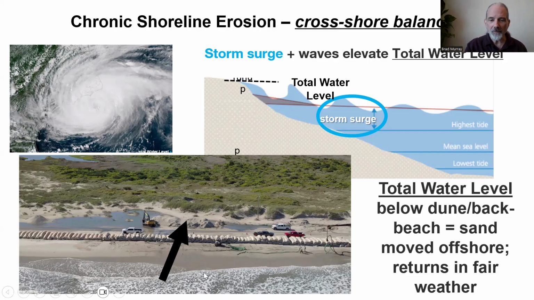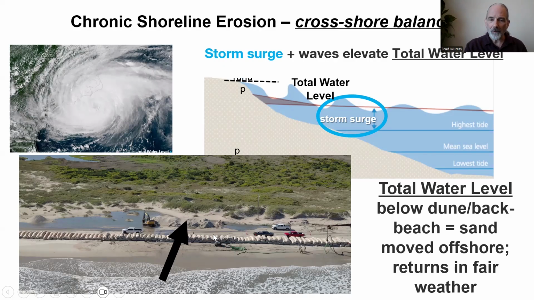This is sand that comes from the beach and near shore seabed, and so it's going to tend to make the shoreline move landward, makes the shoreline tend to erode, and this is not temporary because that sand that gets deposited on the barrier doesn't come back to the shoreline.